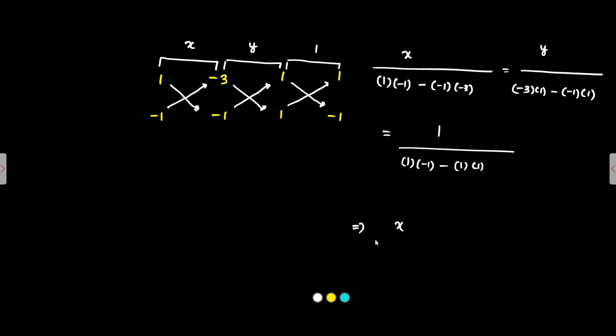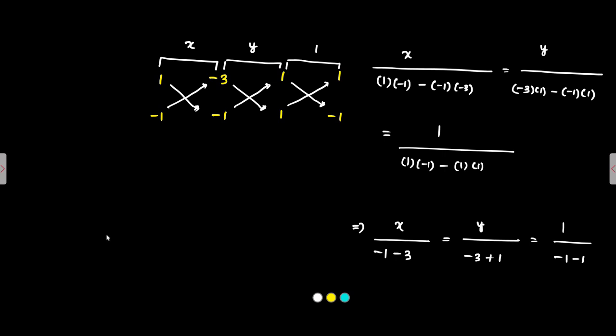x by minus 1 minus minus 3 is equal to y by minus 3 minus 1, which is plus 1, minus 3 plus 1 is equal to 1 by 1 into minus 1, this is minus 1 minus 1.